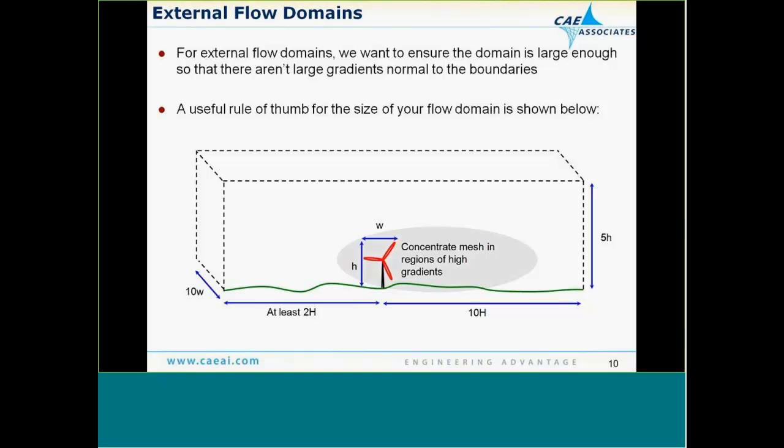So I'd like to take the height and use at least two times that in front of my object and a little bit more downstream, and then also ample space on either side and above the object. Now again, these are just rules of thumb, but usually a pretty good starting place for my flow domain. We can always run a first cut solution and come back and change them if necessary.